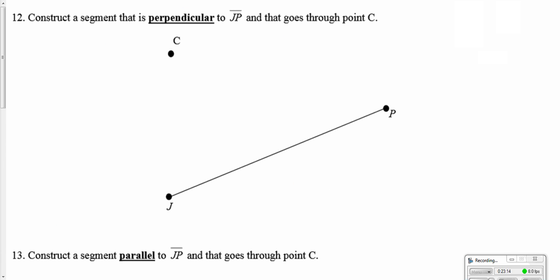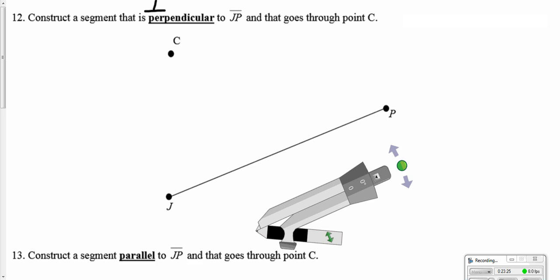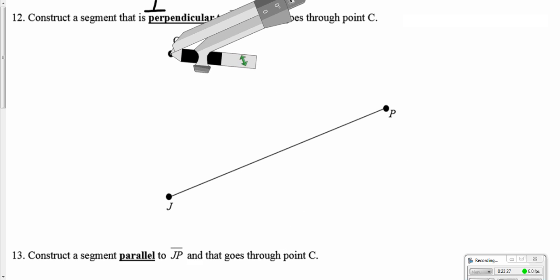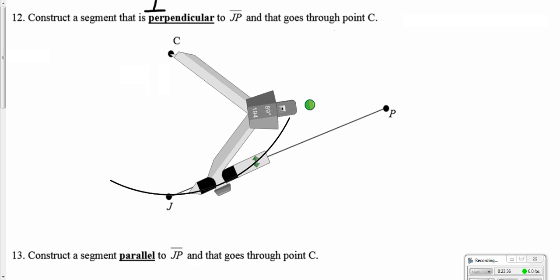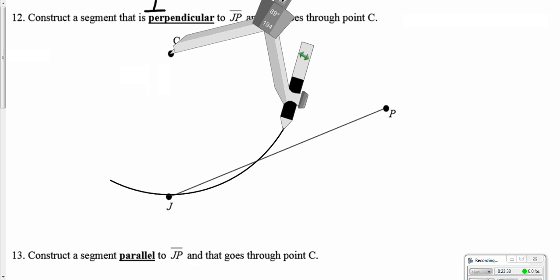Okay, number 12. Construct a segment that is perpendicular to JP that goes through point C. So this time we have a perpendicular off the line. So this time our first step is again to put our compass on point C. Open up our compass now. So your compass point is at C, your pencil point is below your line, and draw the arc. And again, just like our perpendicular on the line, we now have 2 points that are on the line.